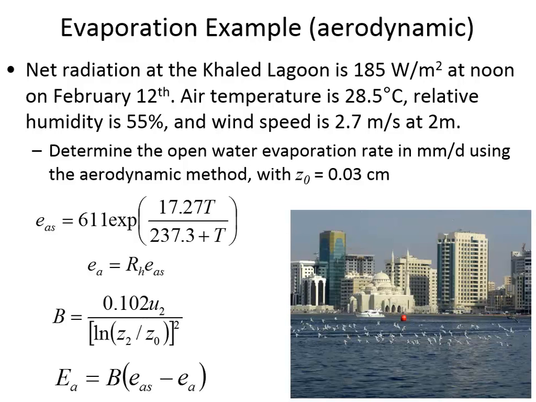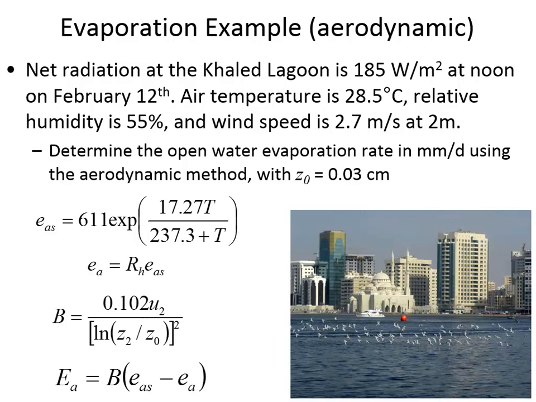And therefore, the evaporation according to the aerodynamic method is going to be B times E sub AS minus E sub A. And so the B is estimated by us as 0.0036 millimeters per day per Pascal.